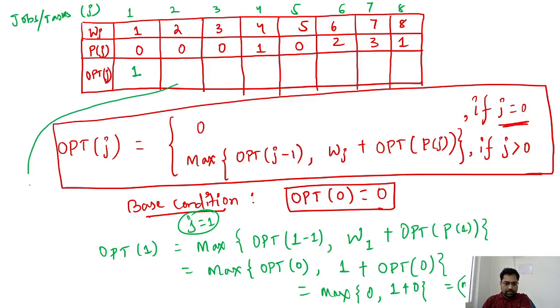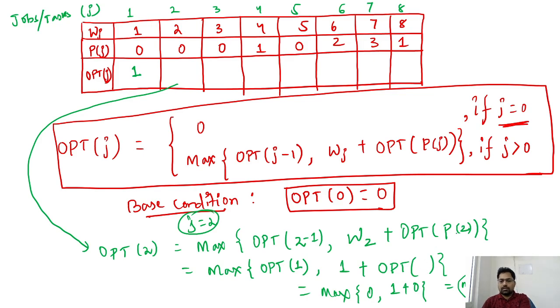Next, for this condition I'm writing 2, and the OPT value is now changing. J is 2, J was previously 1. So 2 minus 1, then W of 2, then OPT 2. Here I must write 2 minus 1, OPT 1.